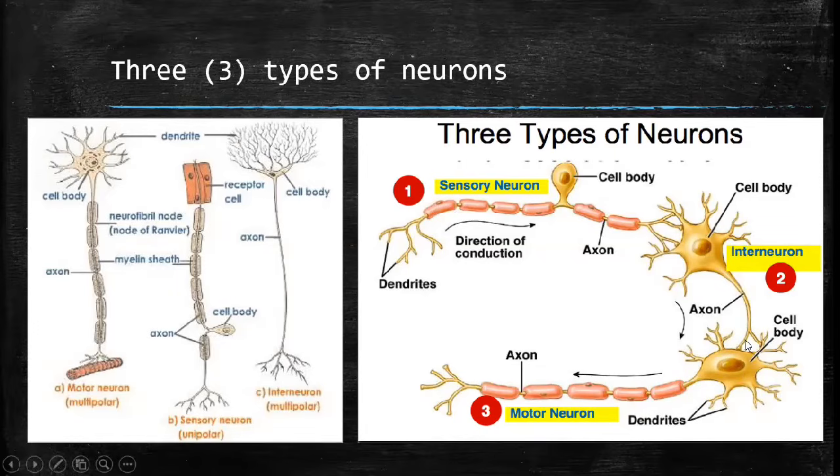And then the impulses that are transmitted from the CNS go to the dendrites, and then the cell body, which is the control center, which contains the nucleus. And then it goes down the axon. You see the direction here. It goes down here towards the effector, which is the structure that's going to be stimulated to respond to stimuli.